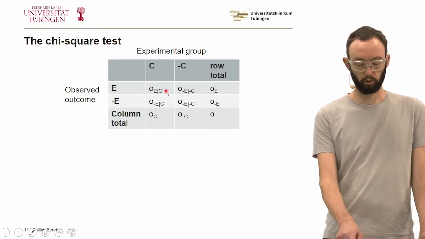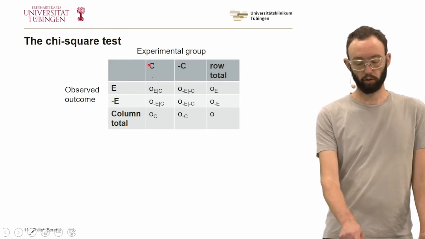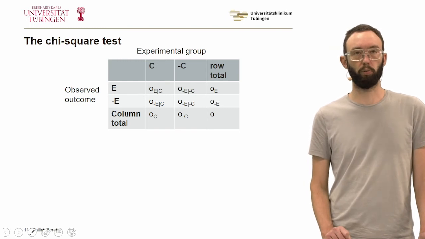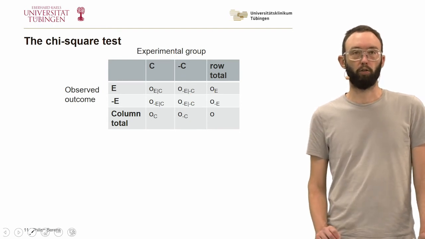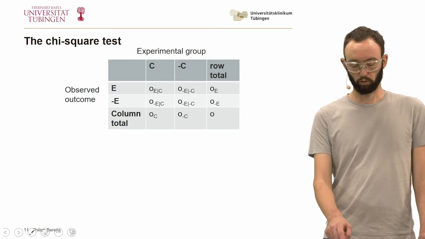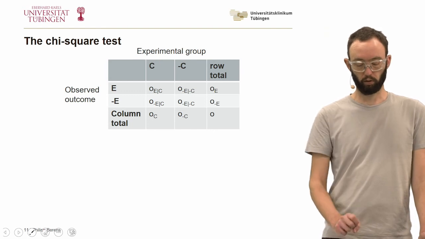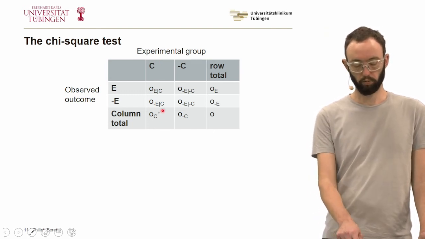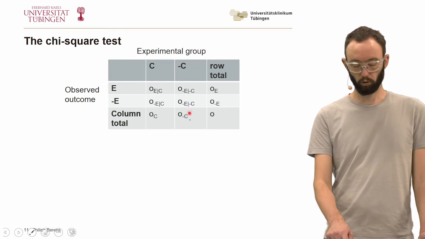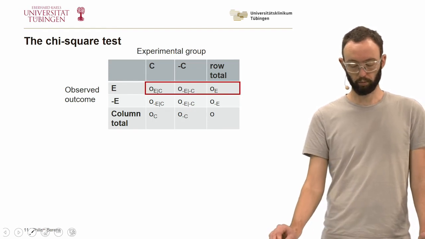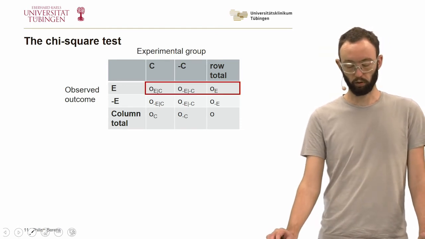So here, for example, we have the number of times that the event E occurred, given that an individual was in experimental group C. Here we have the number of times the event E occurred, given that the individual was not in group C. If we sum across these rows, we get the column total of how many individuals were in experimental group C. And if we sum across these rows, we get the column total of how many individuals were in group not C. We can do the same for the rows.